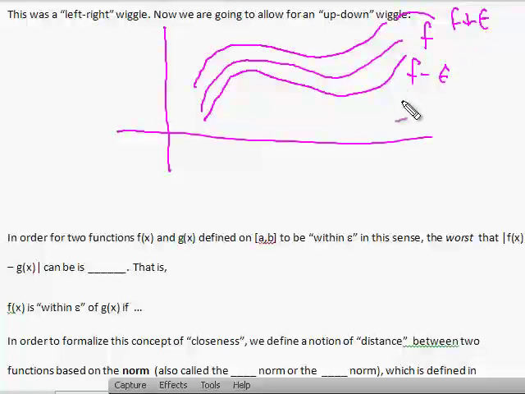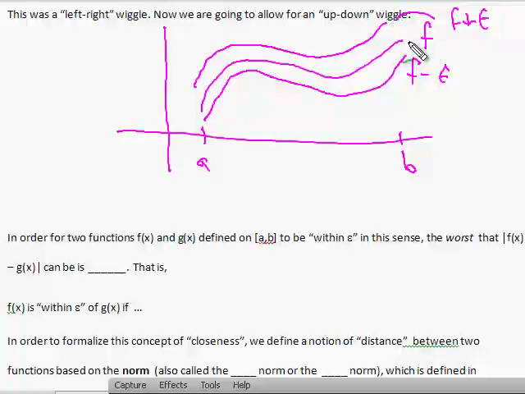And the whole idea is if my function g is uniformly close to f, it should be within this sleeve everywhere on the domain. Now we're treating functions from a to b. All of our functions are on a specific domain, even if I don't mention it. So the function g must lie within this sleeve in order for g to be uniformly close to f.